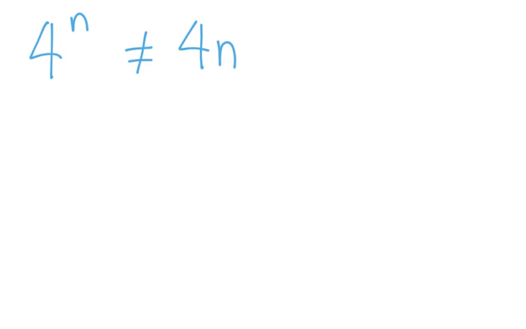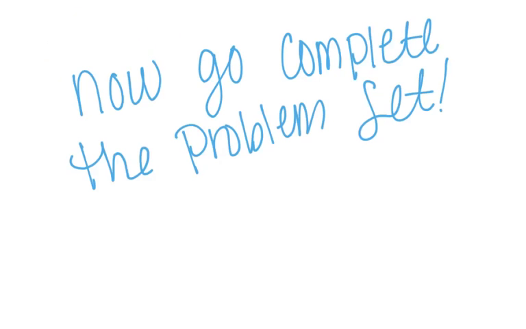And lastly, 4 to the power of n is not equal to 4n, because 4 to the power of n means that you are multiplying repeatedly, and 4n means that you are adding repeatedly. Now, go complete the problem set.